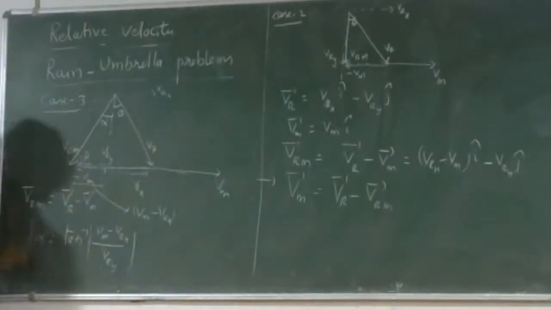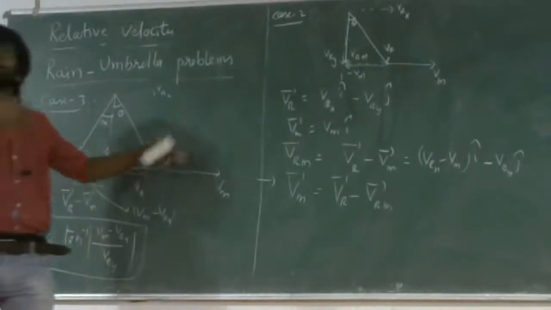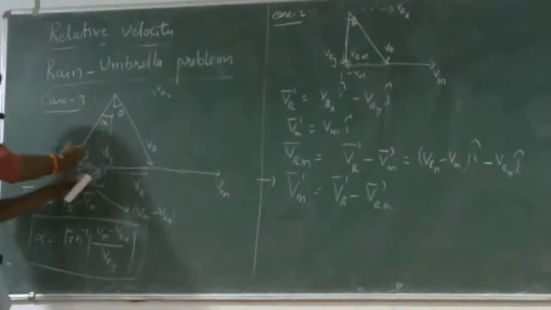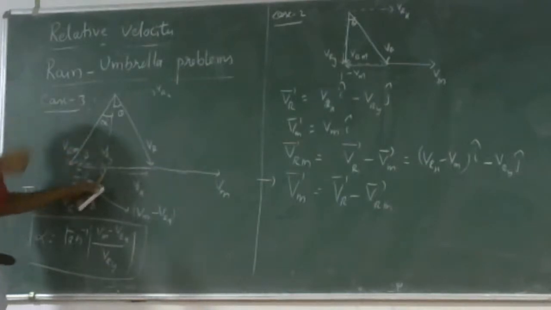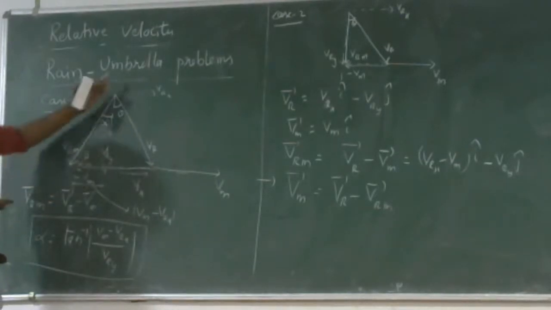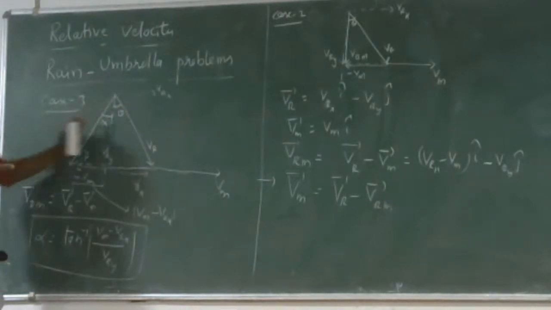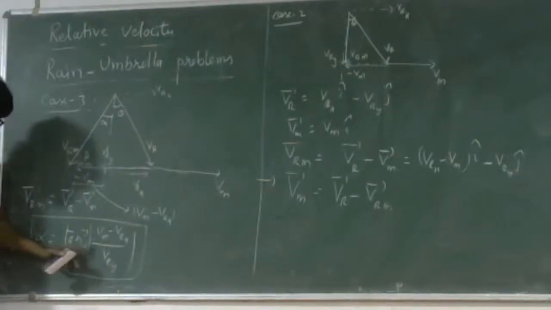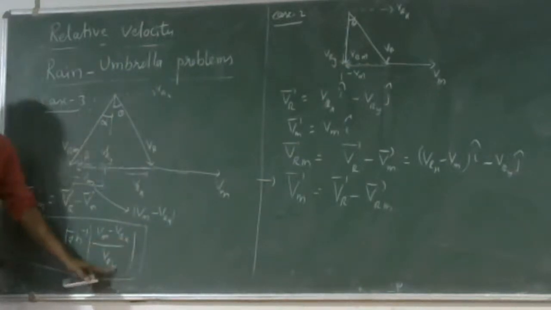So this will be the direction of the umbrella when the man speeds up so that minus Vm is extending beyond vertical. Then the resultant velocity of the rain appears to be falling at some angle with respect to vertical. It is given by alpha equal to tan inverse of (Vm minus Vrx) by Vry.